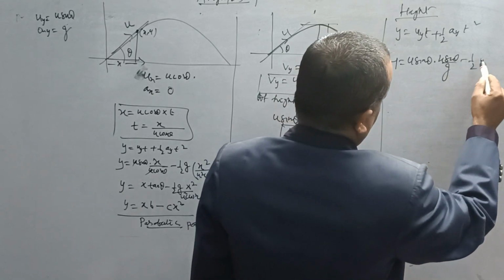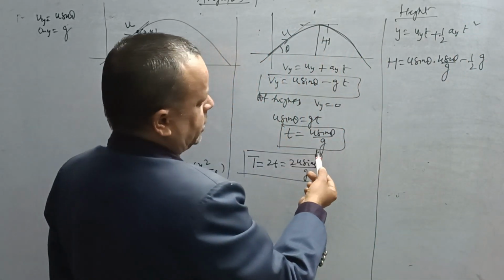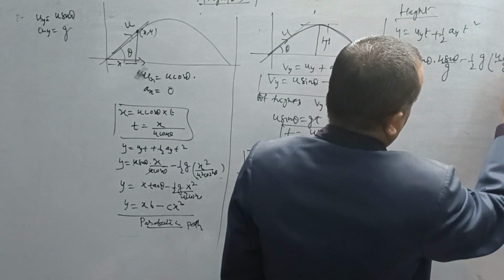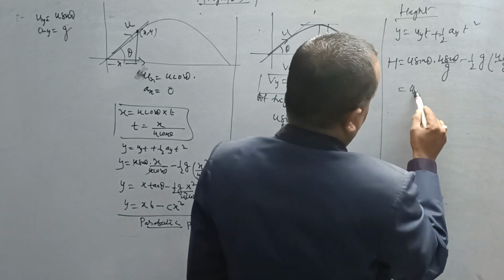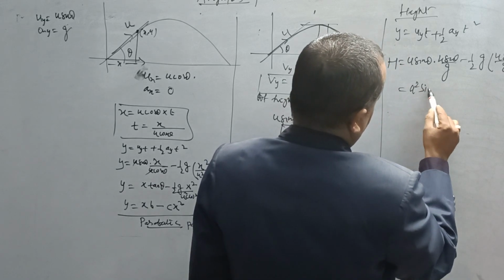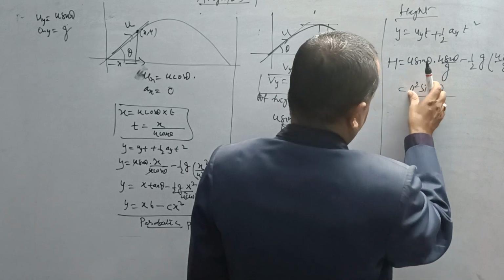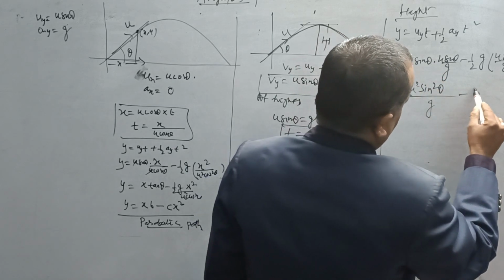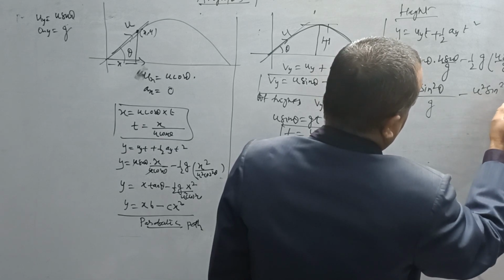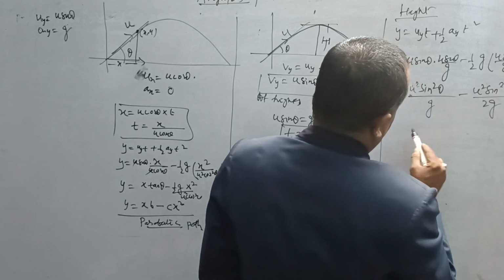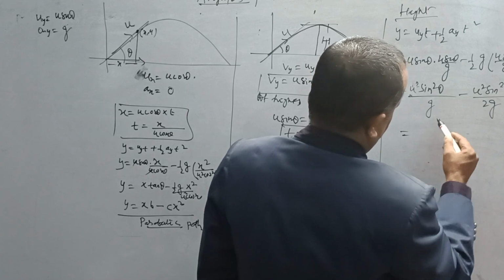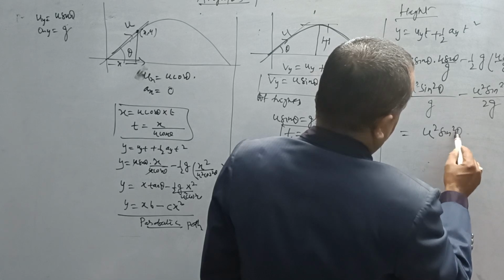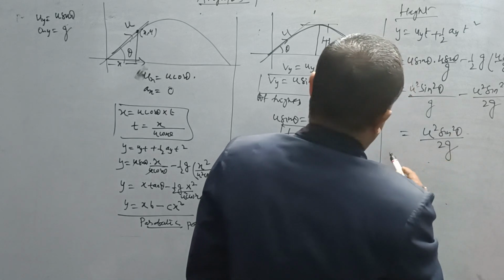Then we are going upward, ay is minus g, and t is again u sin theta upon g whole square. See, it is coming out to be u square sin square theta by g minus u square sin square theta by 2g. It is coming out to be u square sin square theta by 2g.